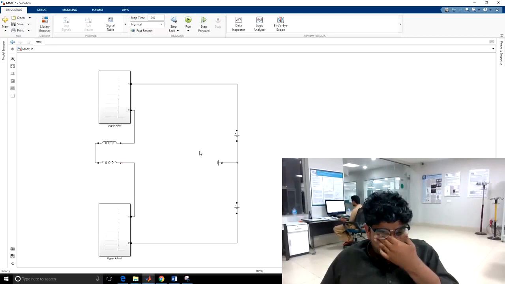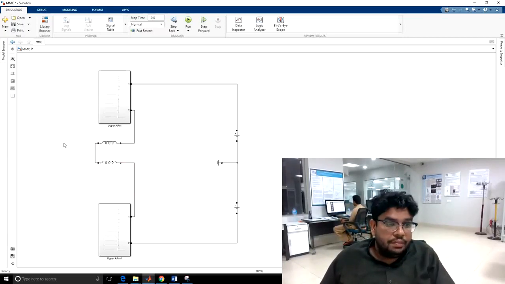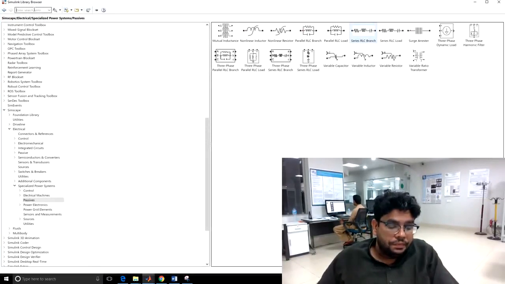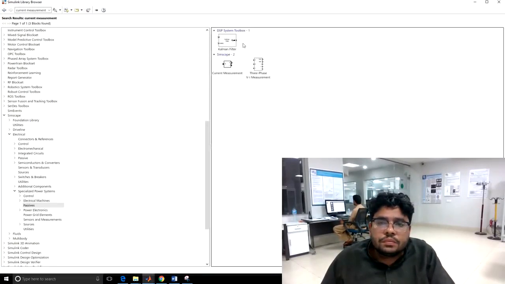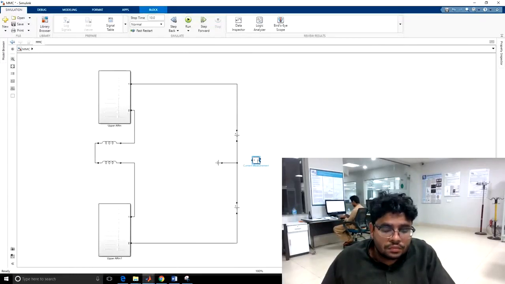Alright, we also need one current measurement. Let's rotate it. This way.